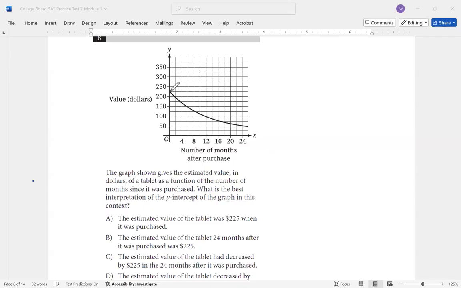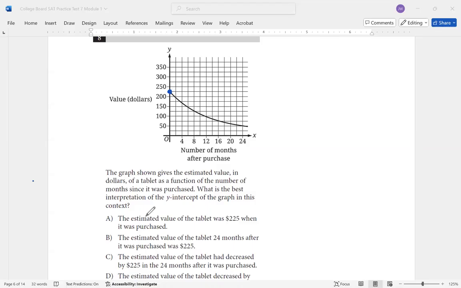So the y-intercept is where this graph hits the y-axis right here. That looks about 225. So essentially, this is number of months after purchase. So at the time of purchase, the value would have been $225.